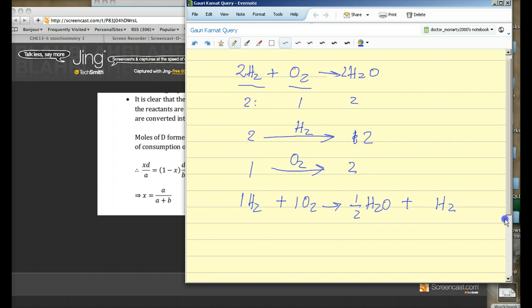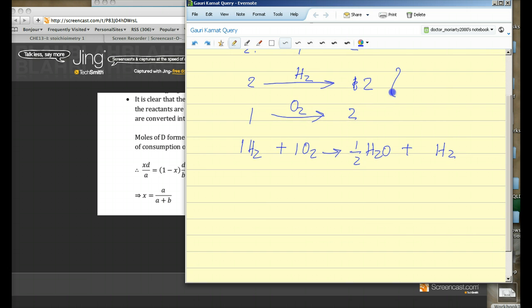If you went by just these two reactions over here and looked at the reactants, you would say that 1 mole of H2 should give you 1 mole of water, because 2 moles of H2 gives you 2 moles of water, so 1 mole of H2 should give you 1 mole of water.